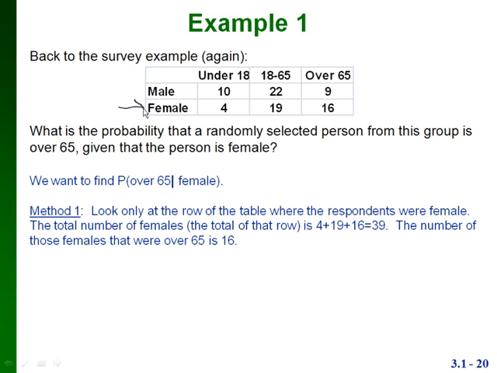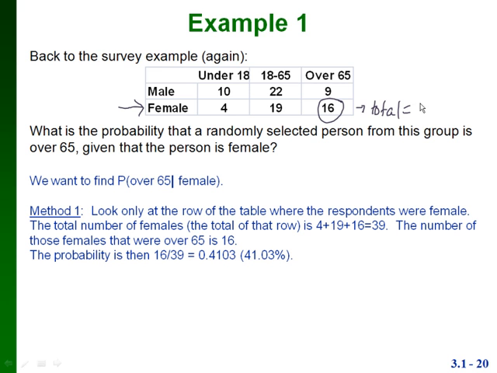So we can look at this row right here, and then if we want to find the probability out of those values that a person from that group is over 65, we're going to take the number that are over 65, which is 16, and divide by the total of this whole row, which is 39. So when we divide 16 by 39, we get 0.4103 or 41.03%.